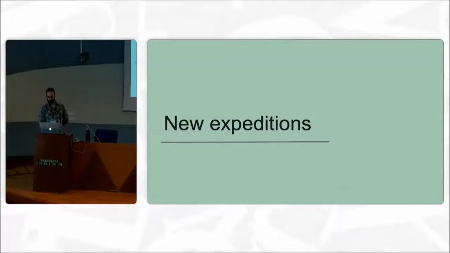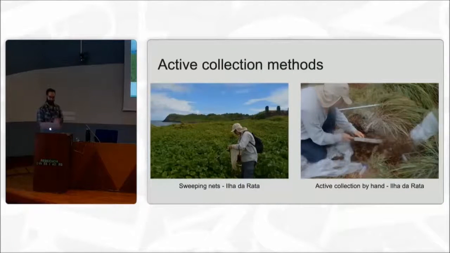So in 2019 and 2020, Rafael and collaborators went to the island and collected all orders of insects. They used active collection methods such as sweep nets and trying to catch them by hand.